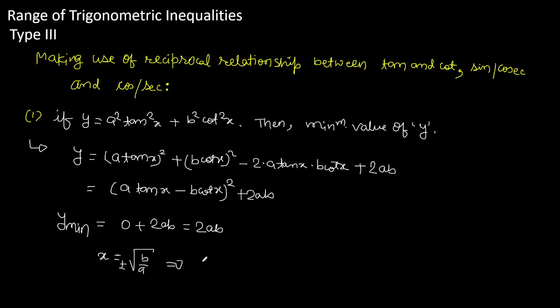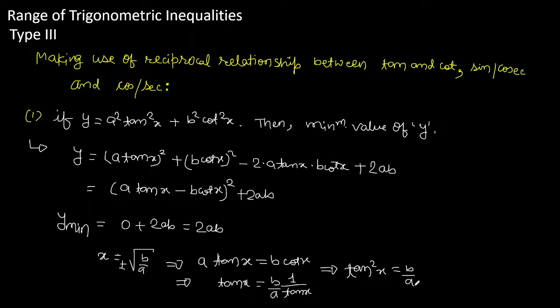How we got it: a tan x is equal to b cot x, we get tan x equal to b by a whole divided by tan x, which implies further tan square x is equal to b by a, which implies tan x is plus minus root under b by a. Okay, got it.